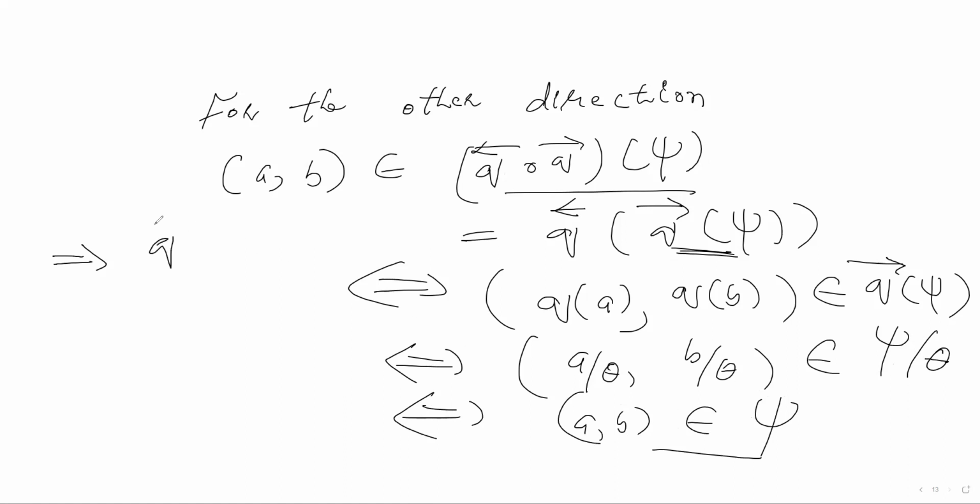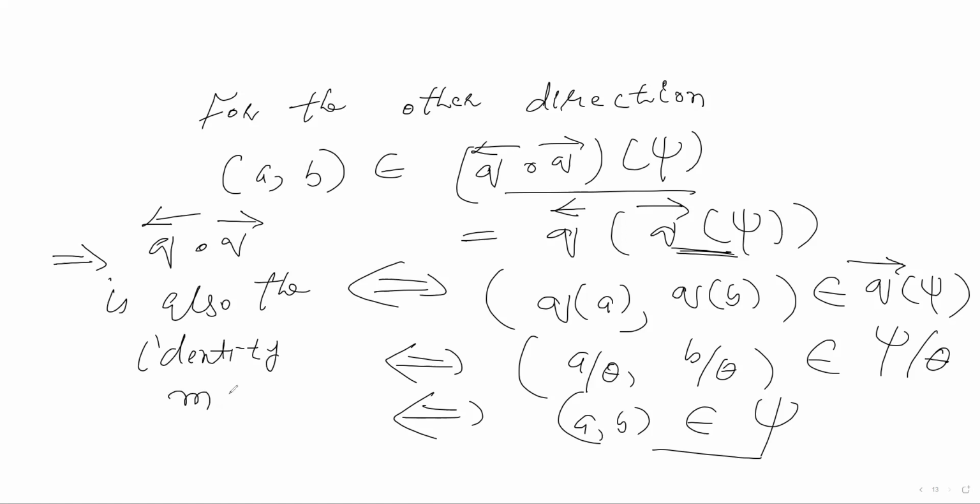So therefore Q backward arrow composition Q forward arrow is also the identity map. So therefore Q bar is the required lattice isomorphism.